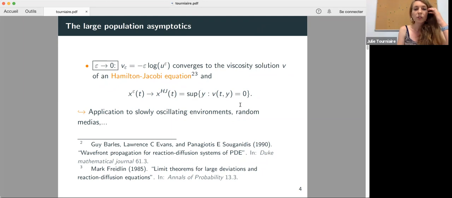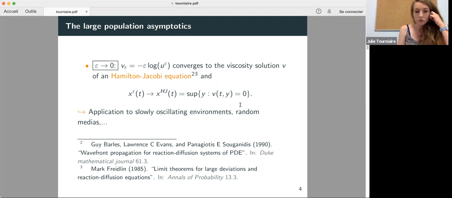This method has been widely employed so far to deal with different kinds of heterogeneous environments, slowly oscillating ones, random media, and so on.